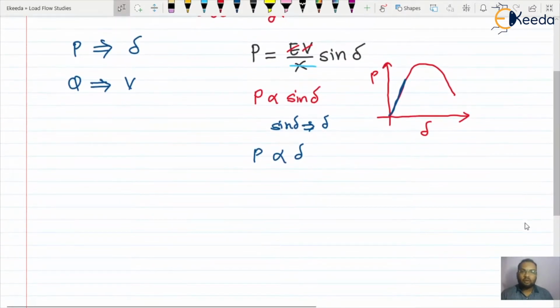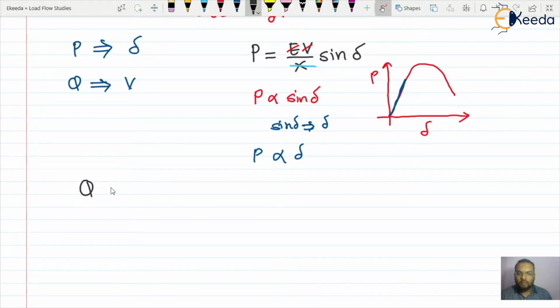Second thing, regarding the reactive power: reactive power is more sensitive to the voltage and less sensitive to the phase angle. Let us see how we can write the reactive power. This reactive power Q can approximately be written as change in voltage by X into VR.